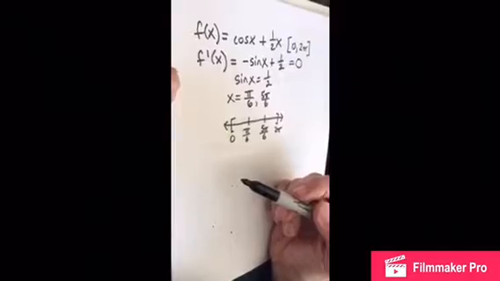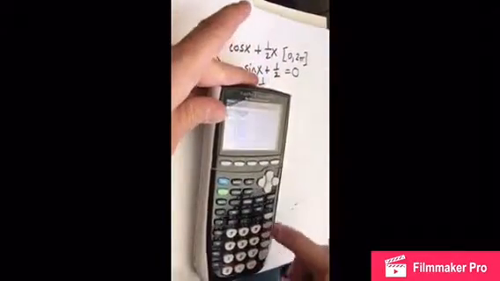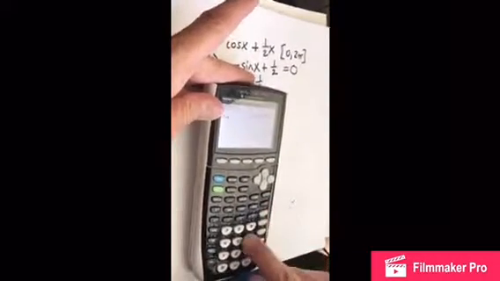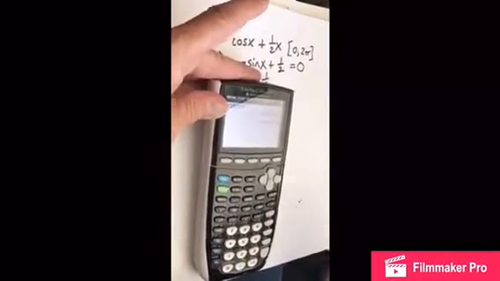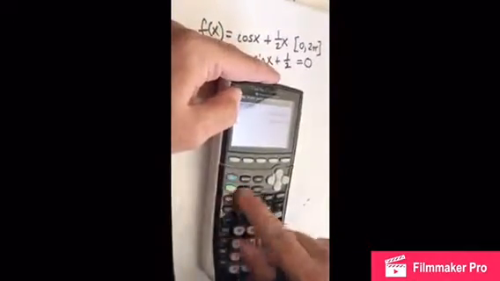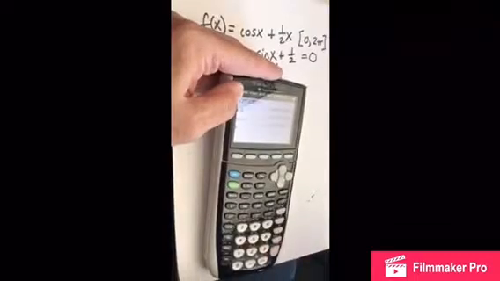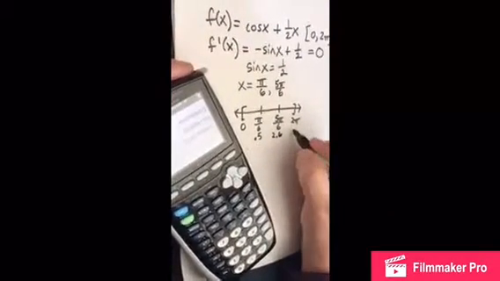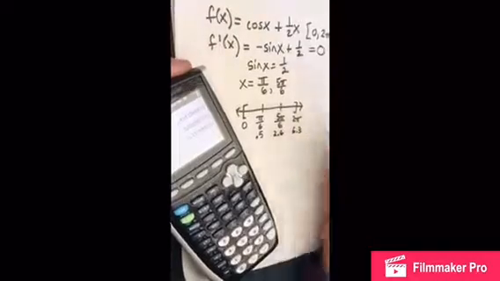That's fine too. I usually like to, so this is pi divided by 6, which is about 0.5. So I'll put a little 0.5 here. 5 pi divided by 6 is about 2.6. And then, of course, 2 pi is about 6.3.